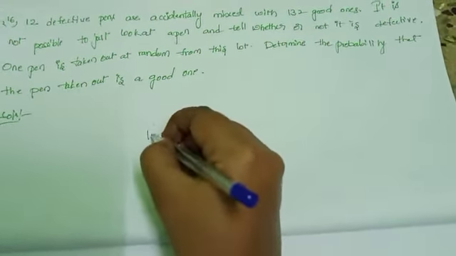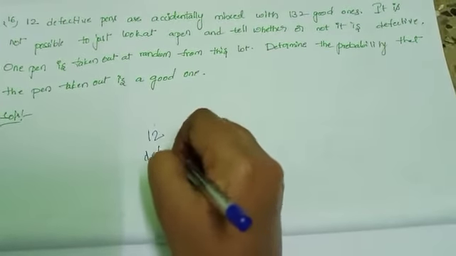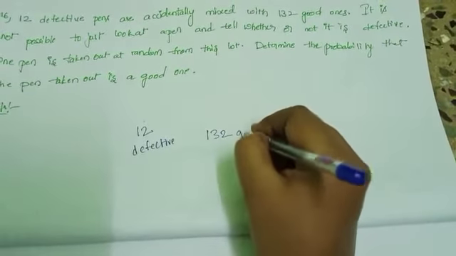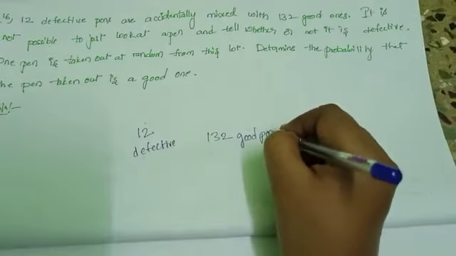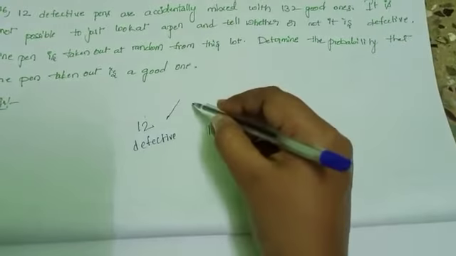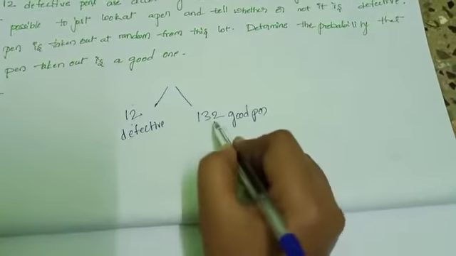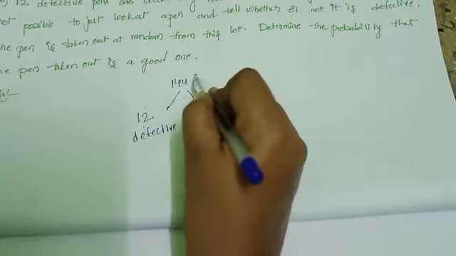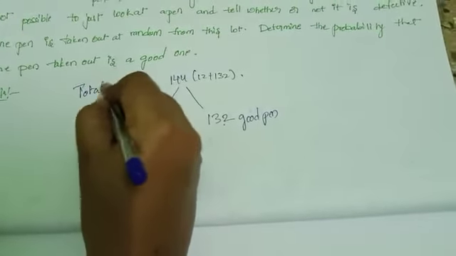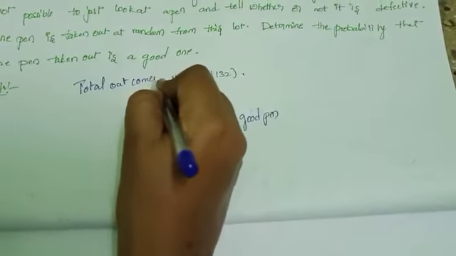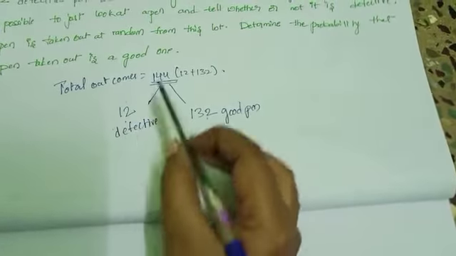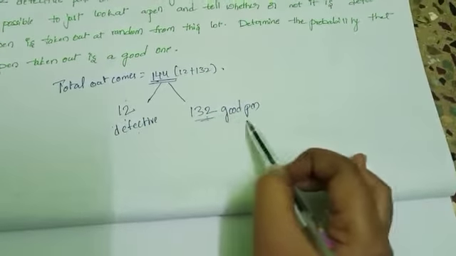Here we have 12 defective and 132 good pens. So total number of pens 12 plus 132 equals 144. So total outcomes equal 144. In 144, 12 are defective pens and 132 are good pens.